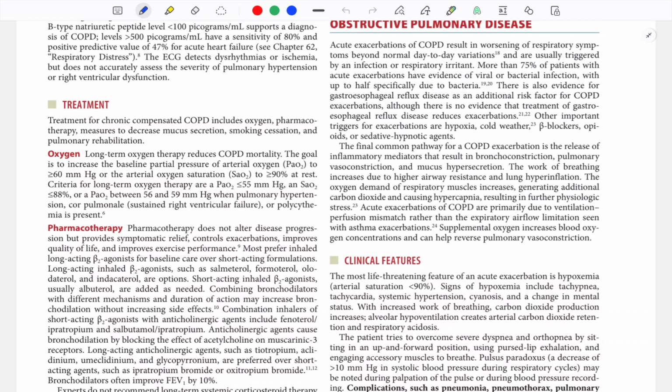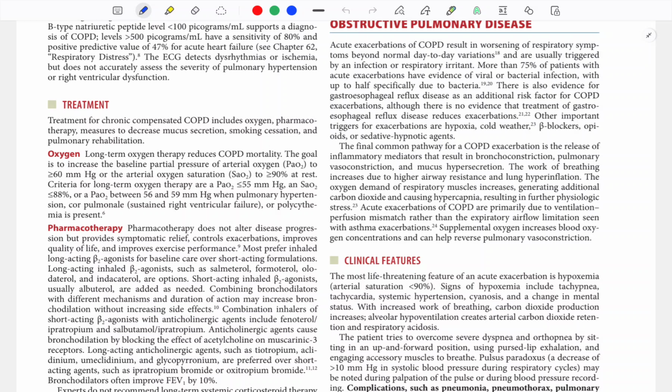We will provide LTOT in patients with less than 55 PO2 at rest or less than 88 SpO2 at rest, to all patients. In the second condition, if the patient is having pulmonary artery hypertension, cor pulmonale or polycythemia, any patient with less than 60 PO2 will be provided LTOT.